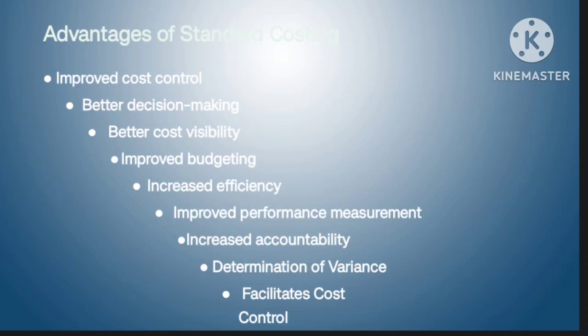It facilitates improved budgeting. Standard costing provides a foundation for creating accurate budgets and allows organizations to monitor their progress against budgeted cost. This helps organizations stay within budget and achieve their financial goals.